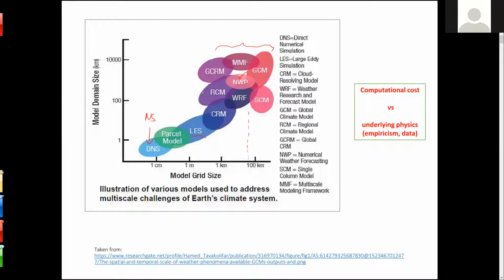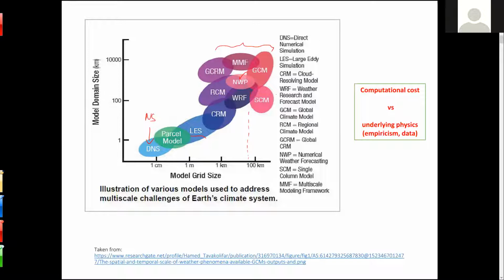Okay, so the measure on that box represents some sort of average of those processes. And those averages are influenced by small scale processes which are parameterized in a global climate model.